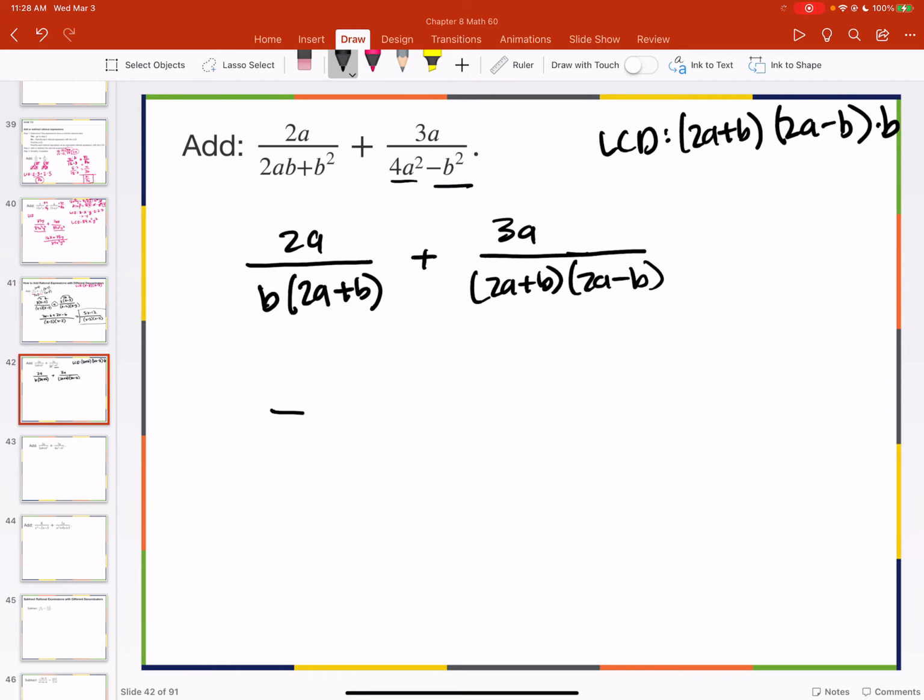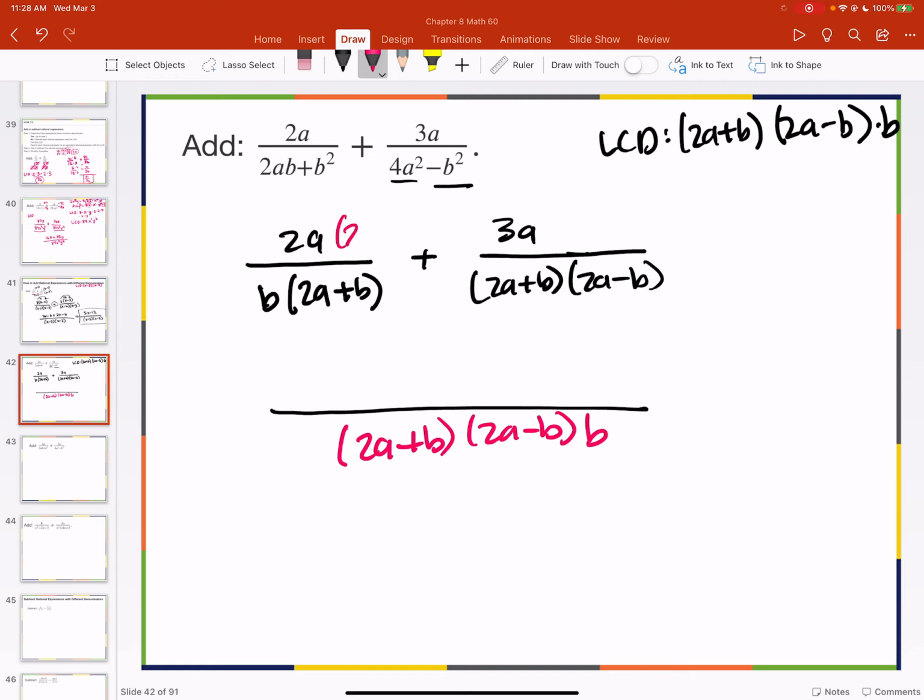So what am I missing? We need to multiply top and bottom by what's missing. Of course, our end goal will be 2a plus b, 2a minus b times b. What's missing from the top? We're missing a factor of 2a minus b from the first term. So write that in, and you're going to get 2a times 2a minus b plus, and then what's missing here is just the factor of b.